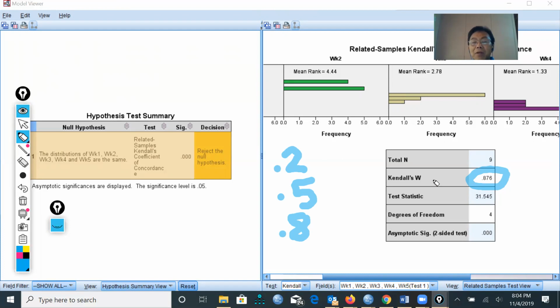So that is your Kendall's W, which is a measure of effect size. 0.2 is small, 0.5 is medium, 0.8 is large. All right. So that gives you a measure of effect size, and as I've said, you read it much like the effect sizes of Cohen's d.